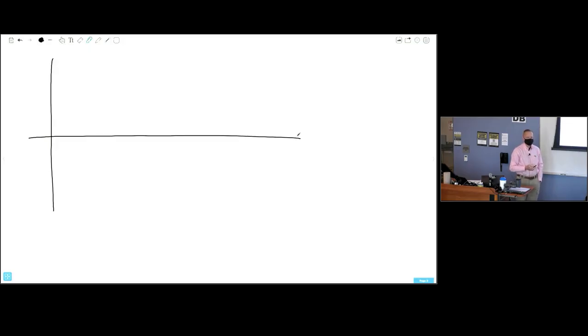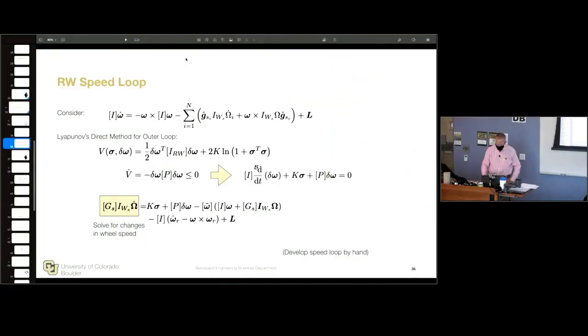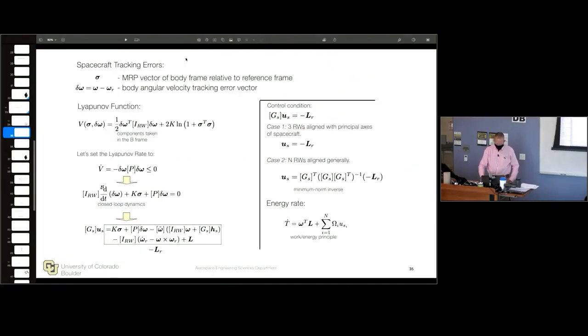So it should be greater than 1 hertz, why? Because the outer loop will require some output of the inner loop, and you need to generate that input to the outer loop faster. Because it really goes back to the same question here. When we derive this continuous control law, well, not continuous, but here we go.